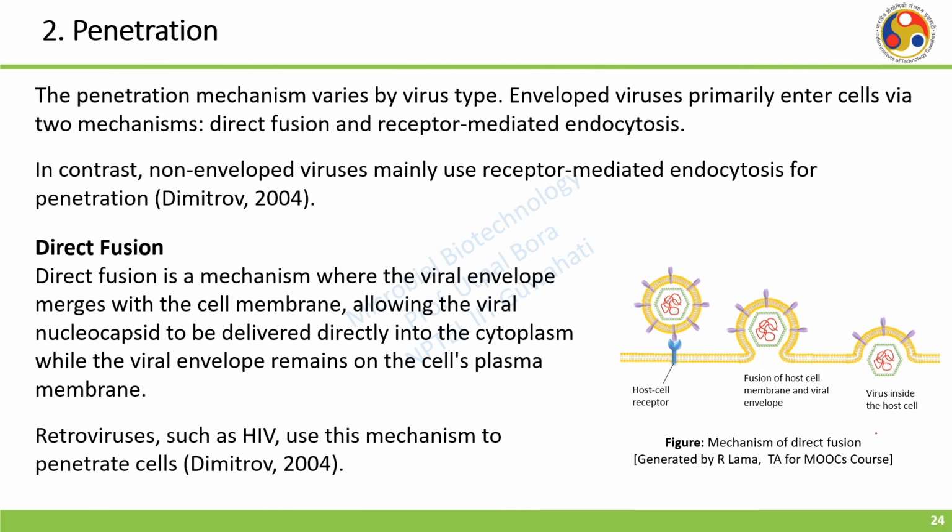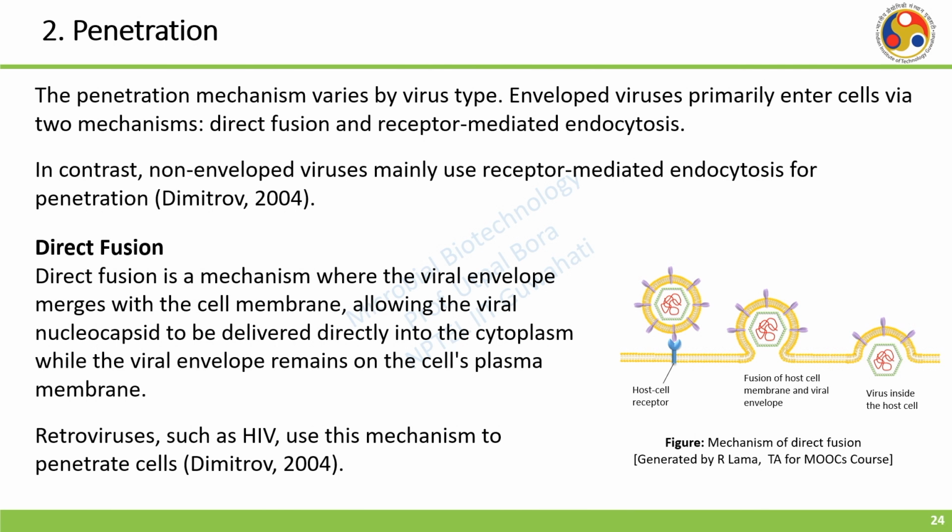So, here you can see the mechanism of direct fusion, where there is a host cell receptor and the fusion of the host cell membrane and viral envelope taking place soon after the attachment through the receptor, and the virus is thereby internalized subsequently.